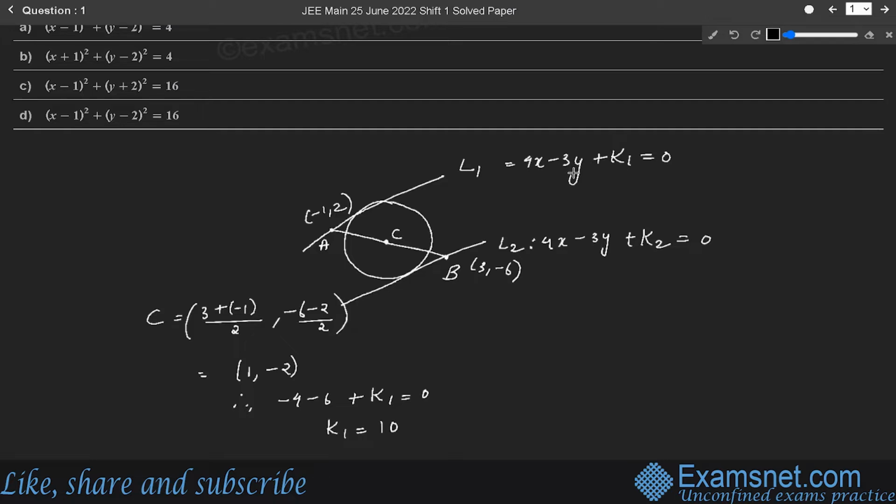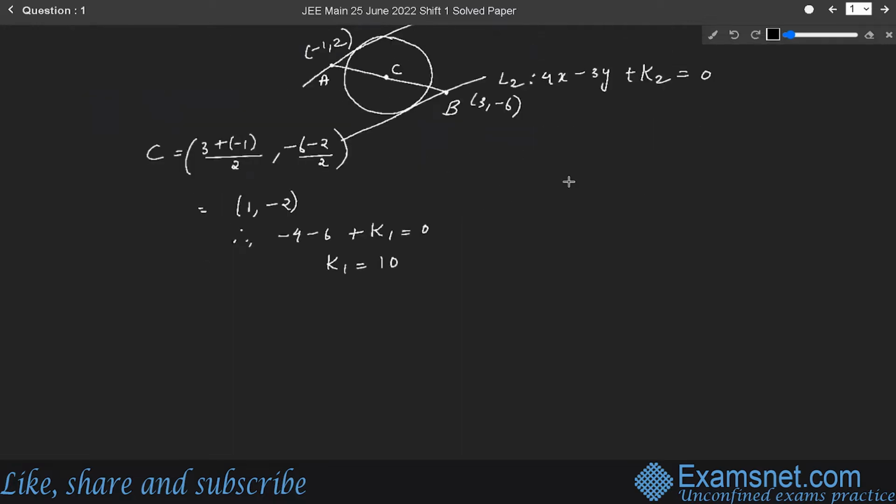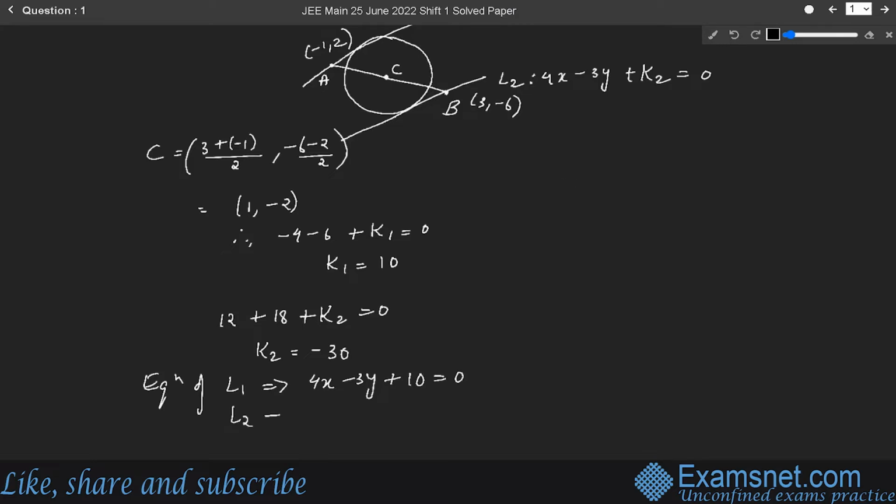Also, we know that L2 is passing through B. Therefore, 12 plus 18 plus K2 is equal to 0. So K2 will be equal to minus 30. So equation of L1 will be 4x minus 3y plus 10 is equal to 0. And equation of L2 will be 4x minus 3y minus 30 is equal to 0.